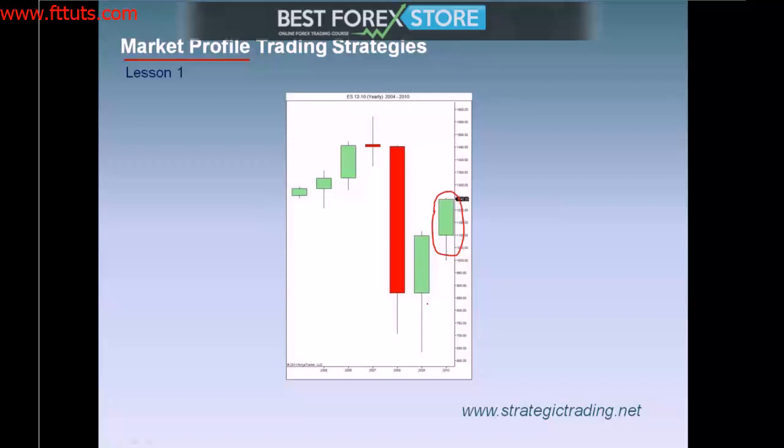And it does not take really a great deal of expertise to see that we've had 2 extremely bullish candles. So we've had 2 very strong bullish candles after a year that was an incredibly large red candle.